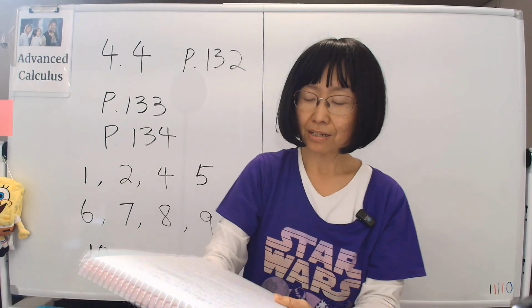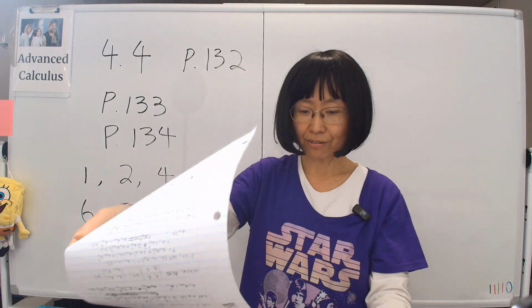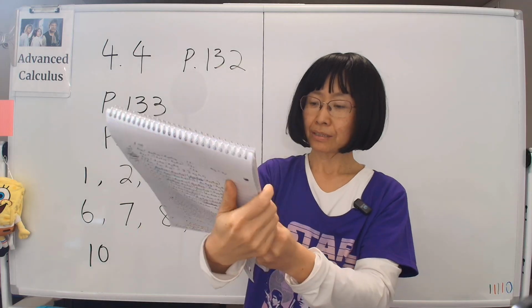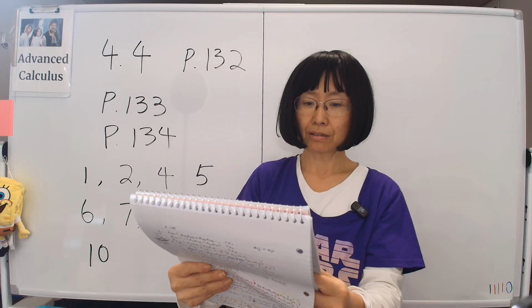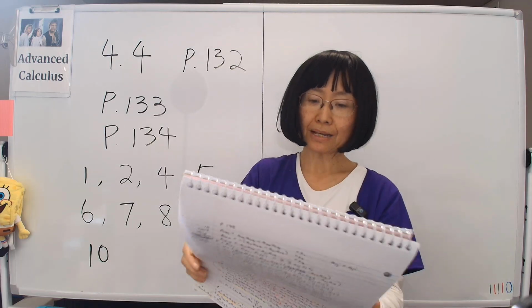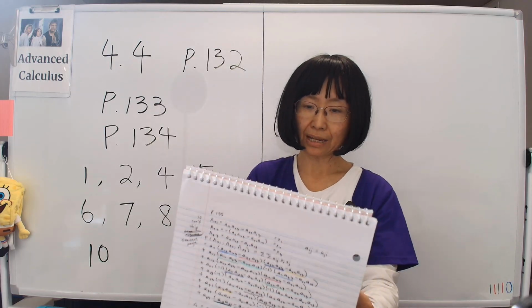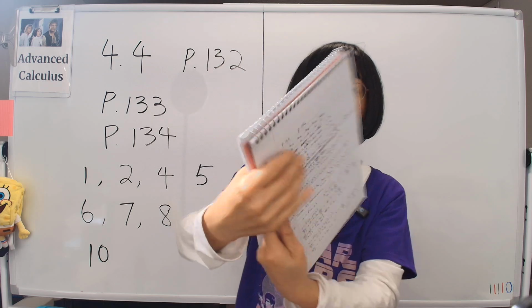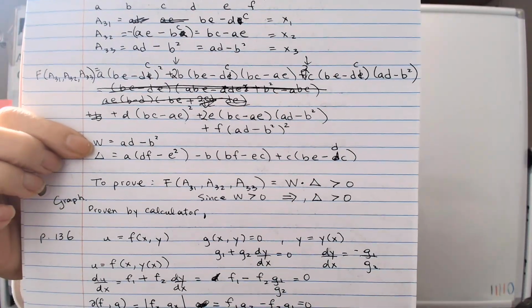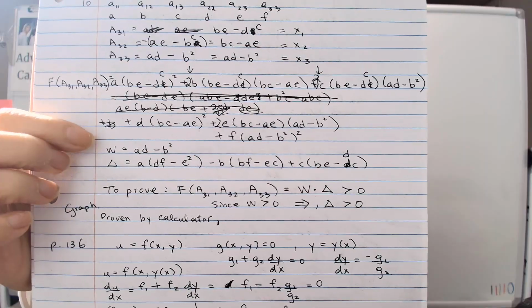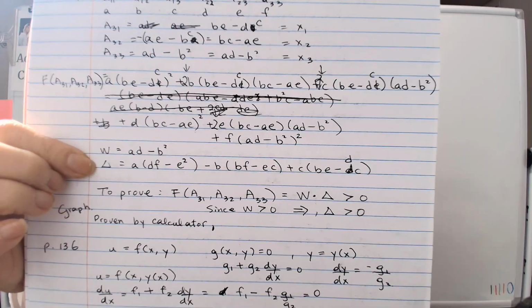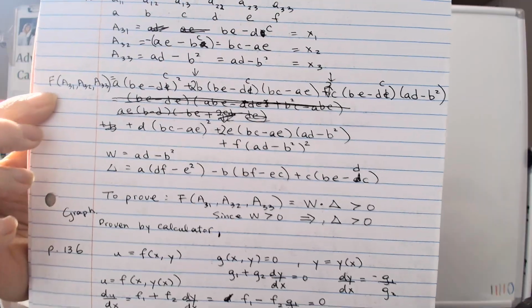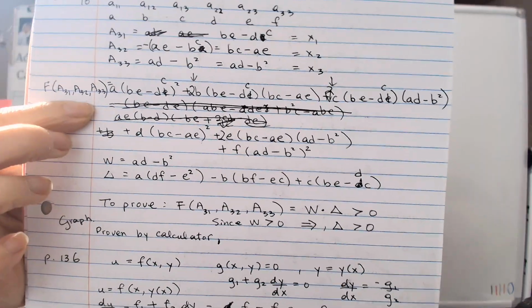So I suspected that the second function will give us basically the 2 by 2 times the 3 by 3 answer, which is what this is. I figured that this thing should ideally give us w times delta. And if it does, we already know that the 2 by 2 is positive, so we can prove that the delta, the 3 by 3, is positive because f is positive definite.